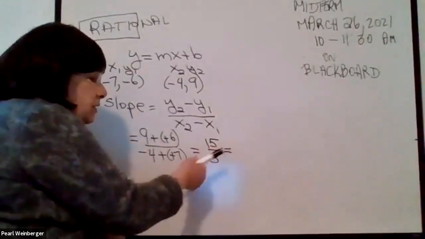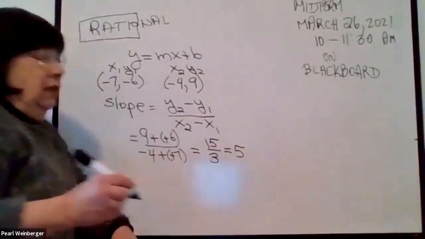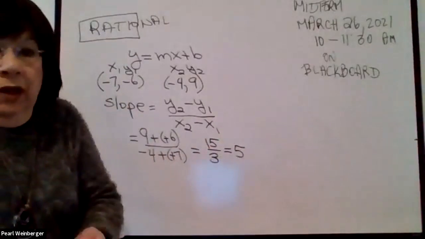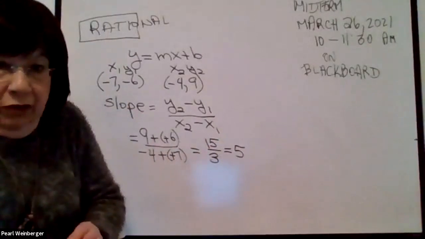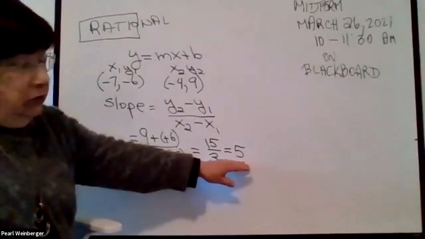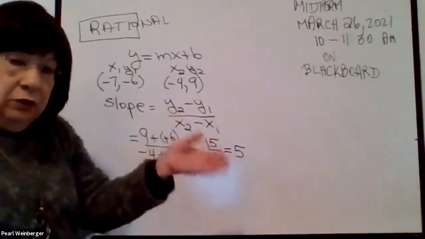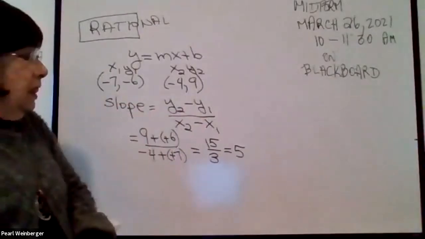And we can reduce this fraction, 15 over 3 reduces to 5. When we want to use the slope to graph, we usually write it as a fraction. But if it's just writing the equation, we can leave it as plain 5 instead of writing 15 over 3 or 5 over 1.